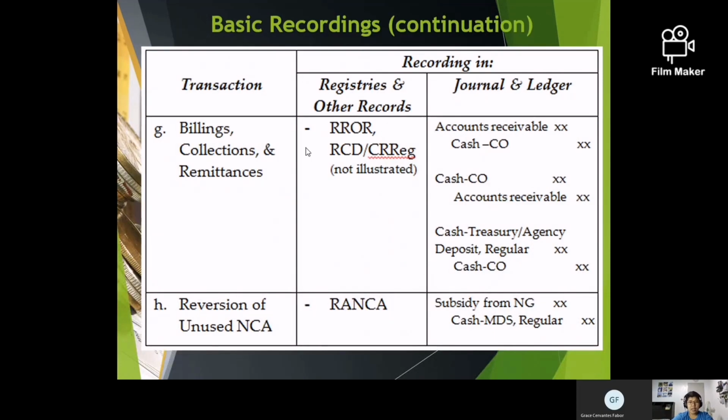Sa billing and collection naman, so we have RROR. And also, syempre, update mo rin yung cash receipt.